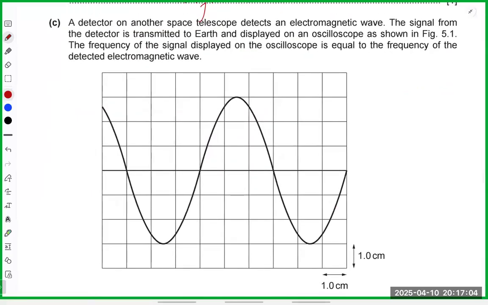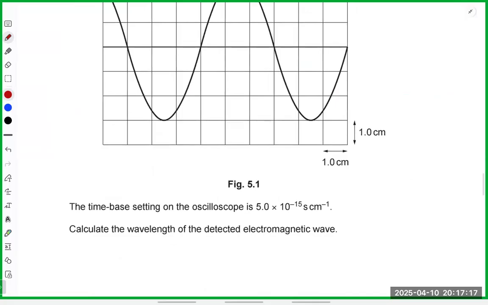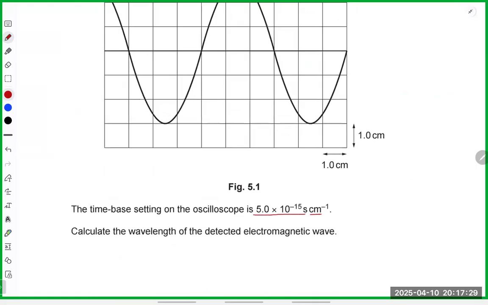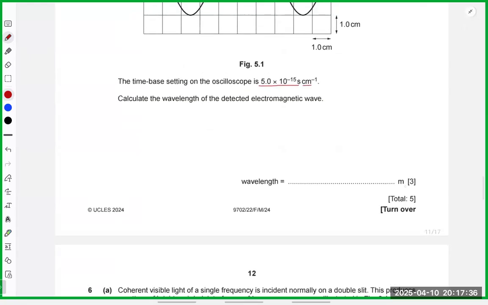A detector on another space telescope detects an electromagnetic wave. The signal from the detector is transmitted to Earth and displayed on an oscilloscope. The time-based setting on the oscilloscope is given in seconds for each centimeter. Calculate the wavelength detected. Good, it's giving us some information about the time period and asking for wavelength.